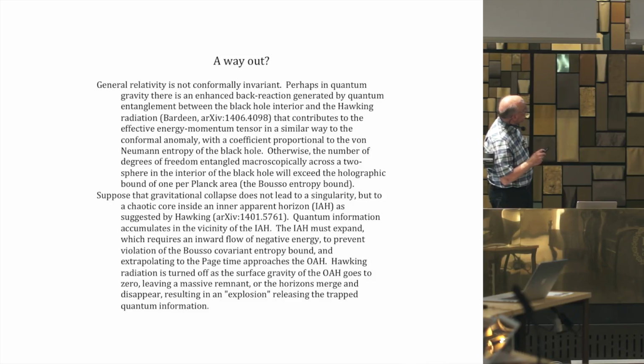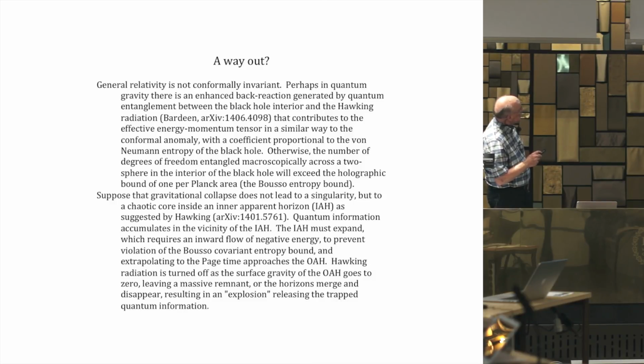Now, what I do is construct a toy model in which I assume that the effective energy momentum tensor inside the black hole is dominated by something which behaves like the conformal anomaly, which is the only part that we can extend into the interior of the black hole with any confidence. So assuming that it has the same form, but just with a coefficient which can be much larger than the Planck scale squared, which is what the semi-classical approximation says.